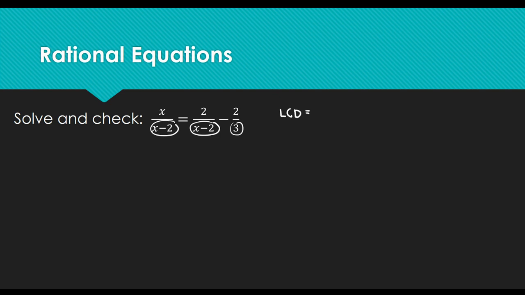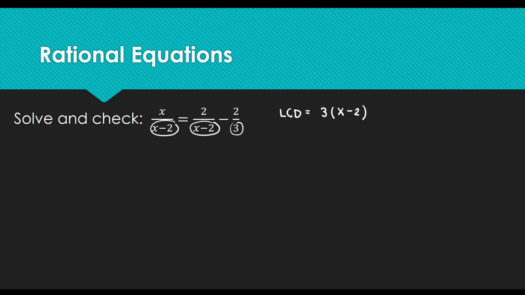Now, because two of those denominators are the exact same, just like if it was x and x, we just had to write x one time. So x minus 2 and then x minus 2, we only have to write that one time. The 3, though, also has to be a part of that common denominator because it's different from the others.